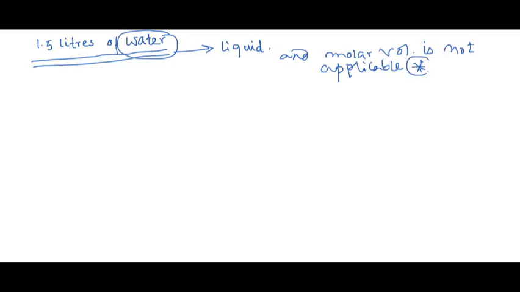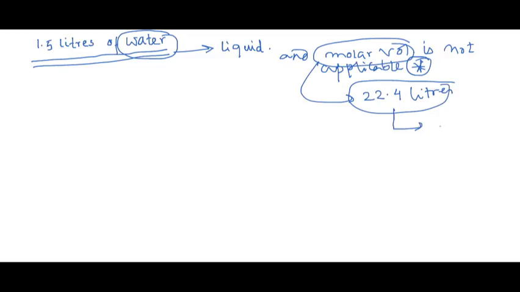Very important: molar volume, which is 22.4 liters, is only applicable for gases, not for liquids. Okay, fine. Now let us go to the problem.